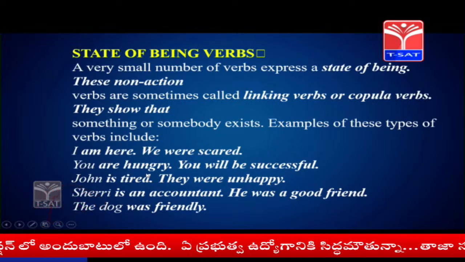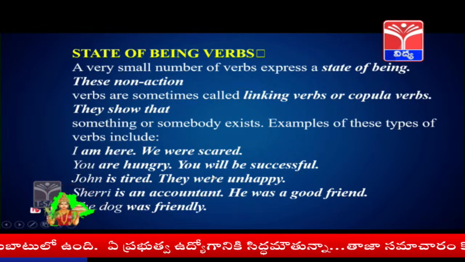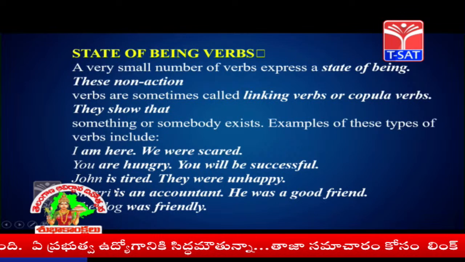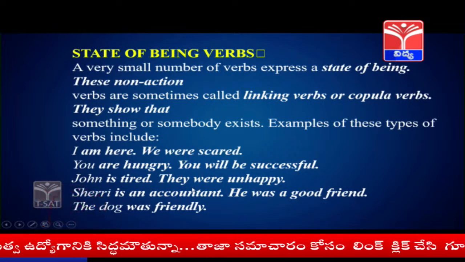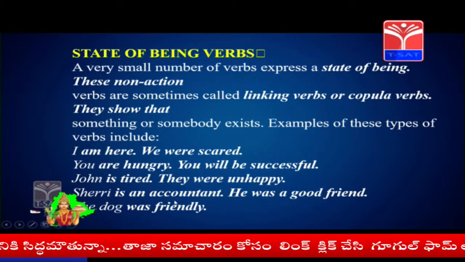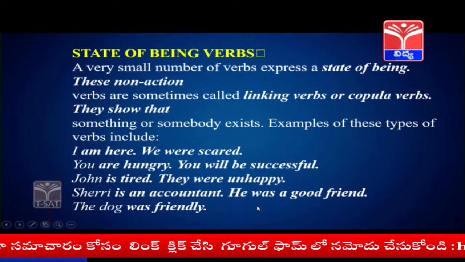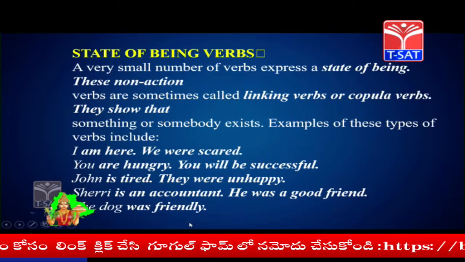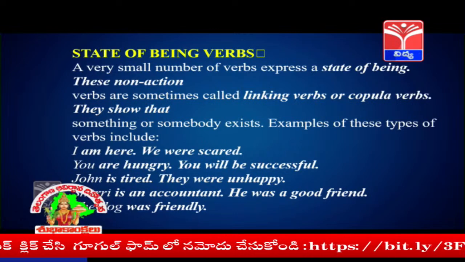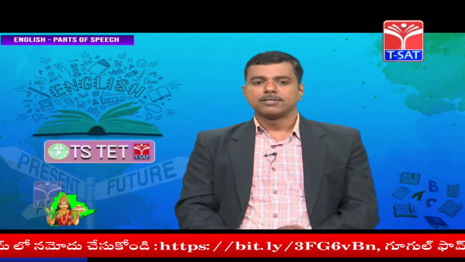You are hungry. You will be successful. John is tired. They were unhappy. Sherry is an accountant. He was a good friend. The dog was friendly. So these types of verbs are called linking verbs or copula verbs. These show that something or somebody is existing.